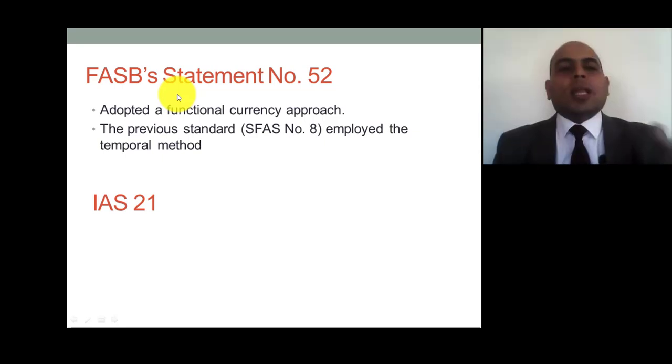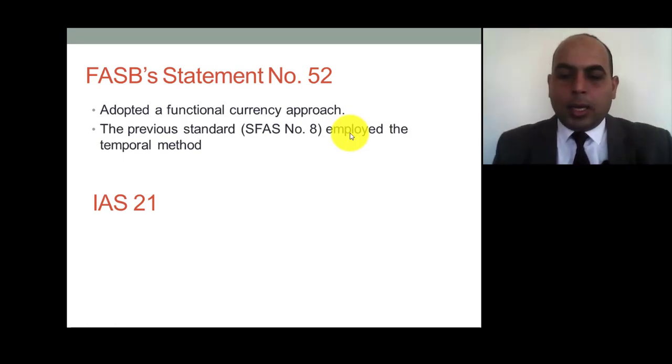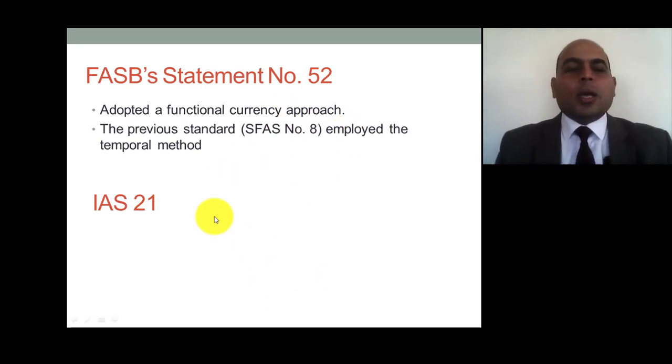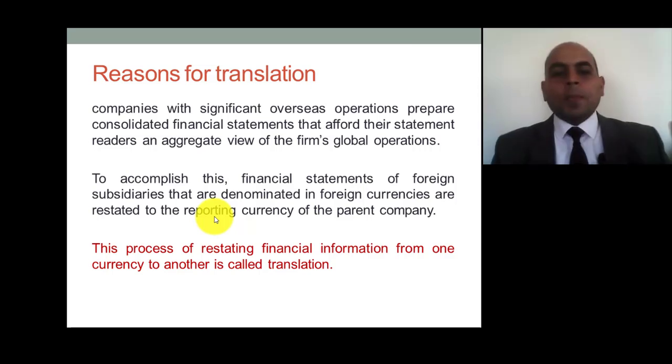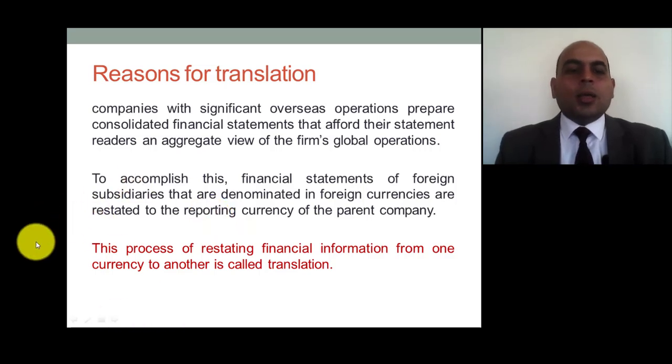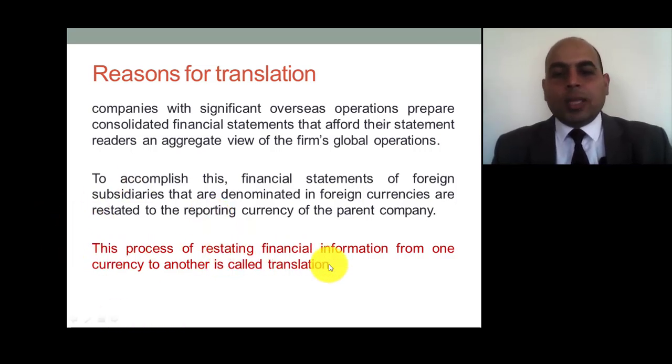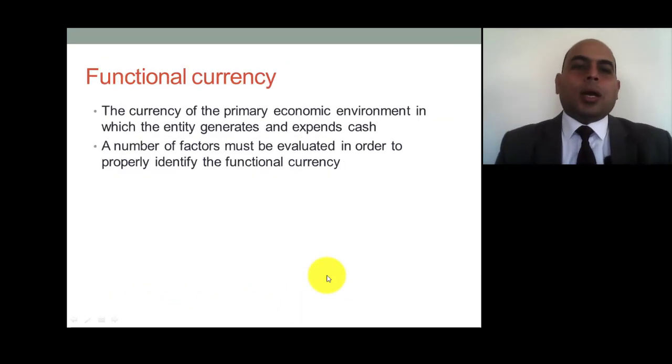And under US GAAP, they adopt Financial Accounting Standard Statement number 52. Mostly there is no material difference between both of them, and we will clarify in the coming slides and videos how we translate the financial statement from one currency to another. This process of restating financial information from one currency to another currency is called translation.